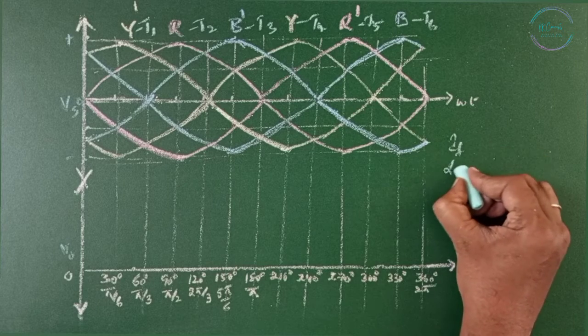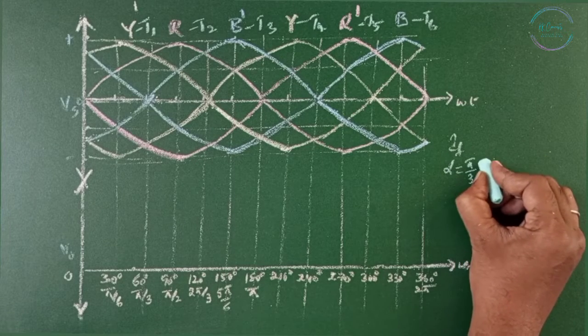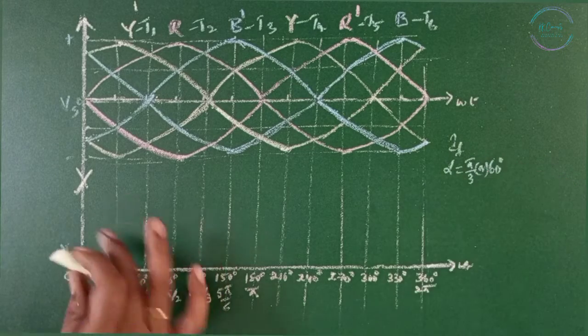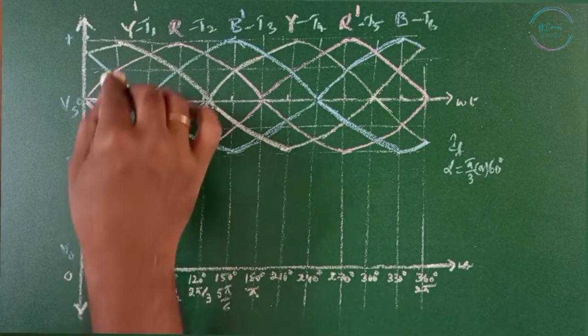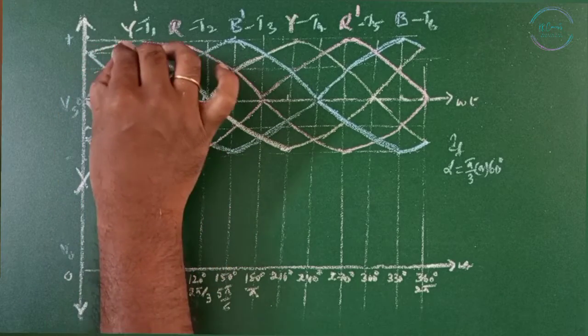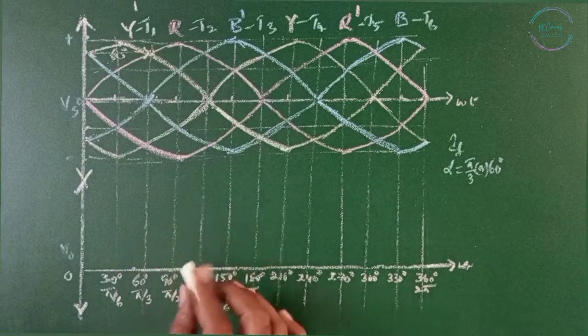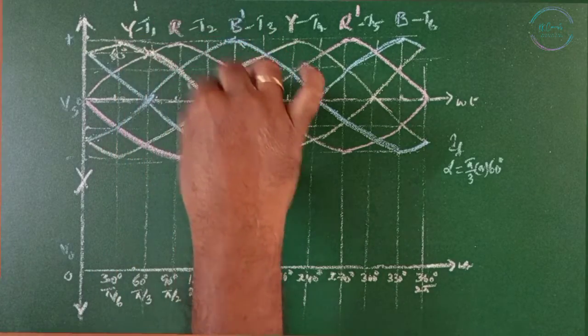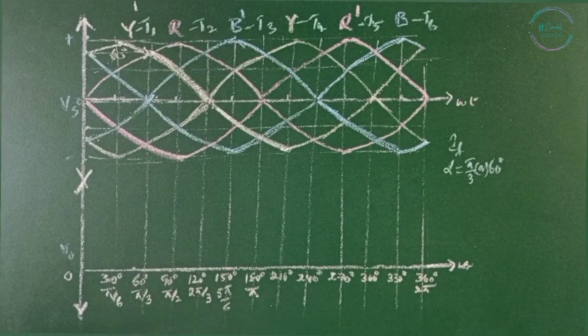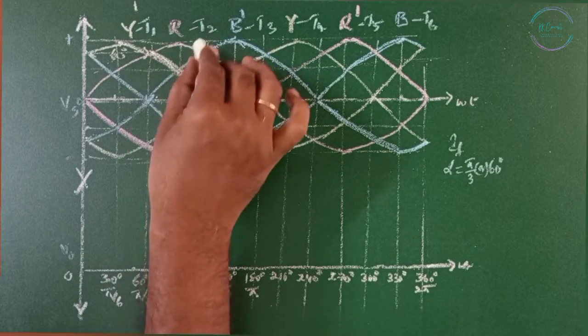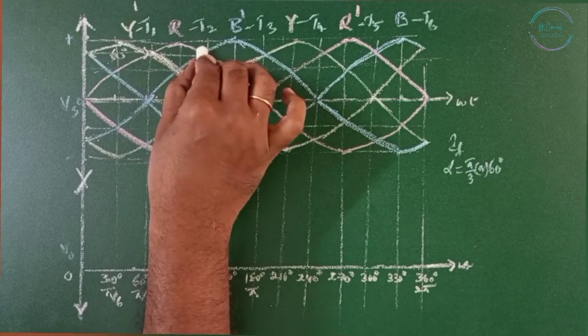If alpha equals pi by 3 radians or 60 degrees, each unit here is 30 degrees, so 60 degrees. Now T1 is turned on at 60 degrees and continues to conduct until the next thyristor is turned on. The next thyristor, T2, is going to turn on after 60 degrees.